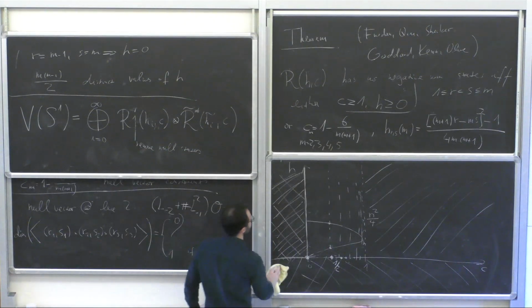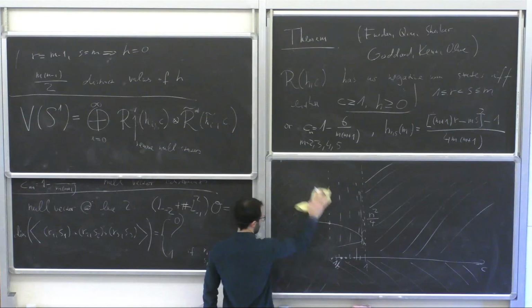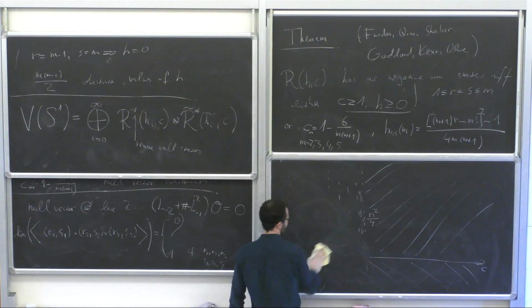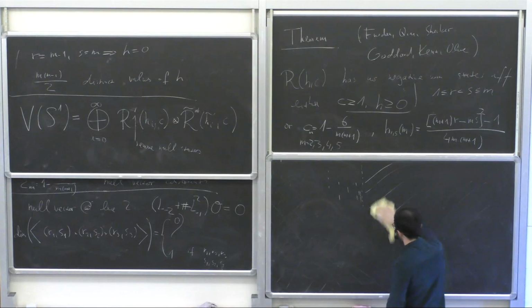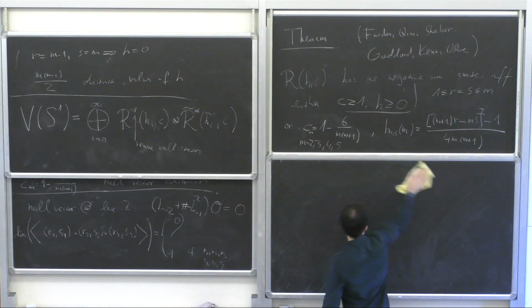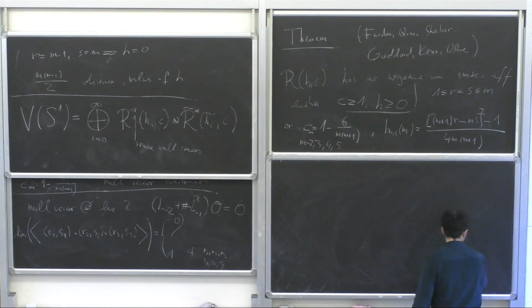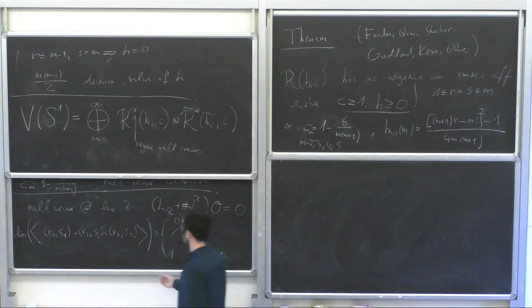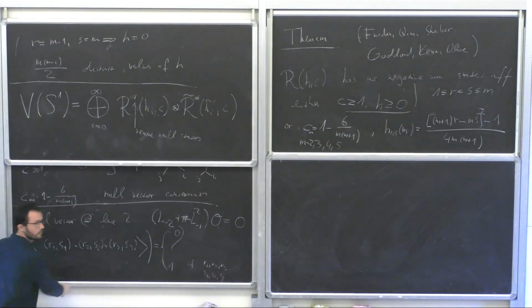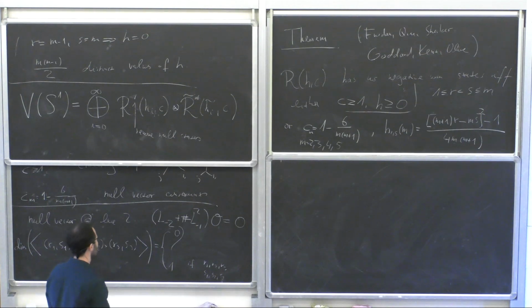We can look at these constraints for the m equals 3 case. How can I implement it?